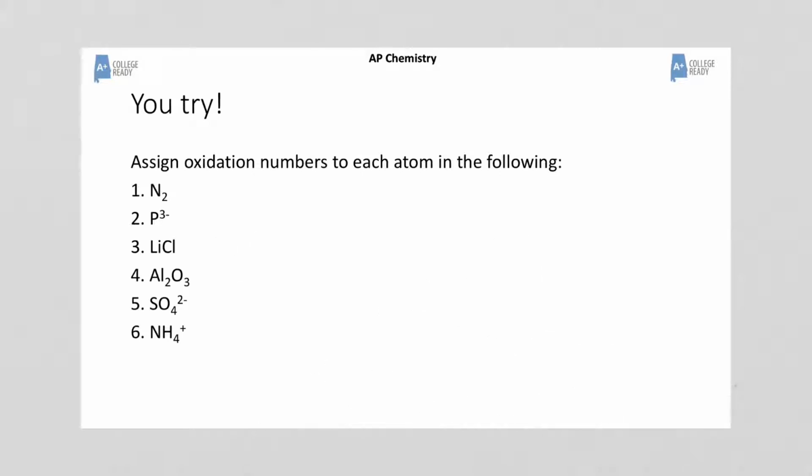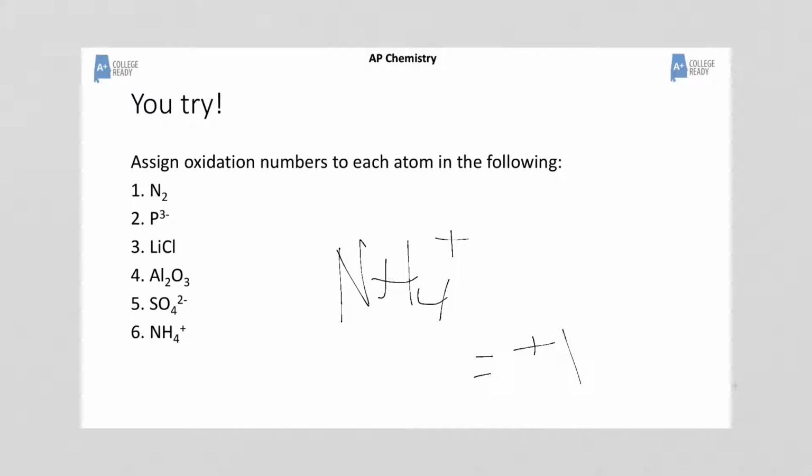Then moving on to ammonium ion, a little bit different example. This time its overall charge is plus 1. So we can start from the hydrogen, because again, as I said earlier, when hydrogen is bonded to a nonmetal, it is technically acting like a metal. It has a positive 1 charge, or in this case, oxidation number.